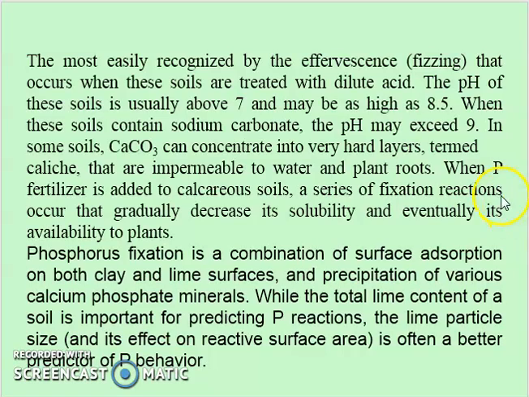So if you put any type of acid on the calcareous soil, you can observe effervescence due to the following reaction.